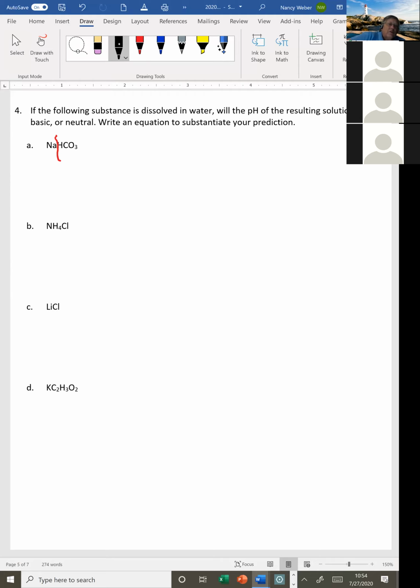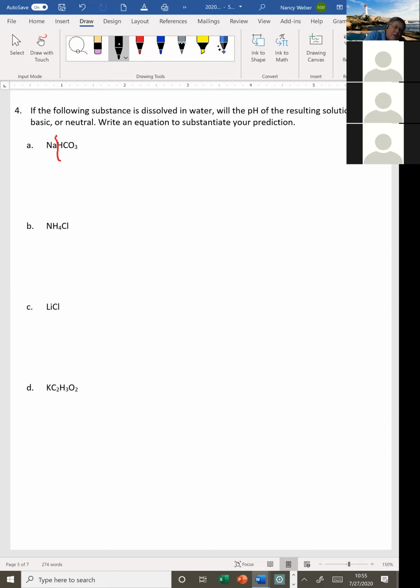Sodium, is that part of a strong base or a weak base? If you had sodium hydroxide, would it be strong or would it be weak? Okay, good, strong. Anywhere the metal cation is in the first group, it's going to be strong, and 3 of the second group are strong.